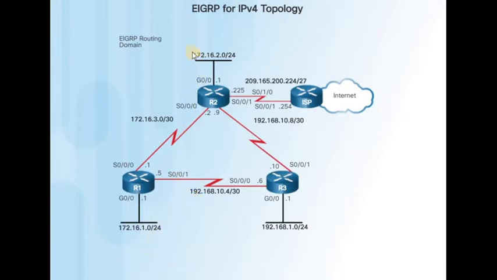So I'm going to transfer this to Packet Tracer format so that we can have an actual simulation and show you the addresses that are already fixed per interface, so that we can focus mainly on the configuration of EIGRP for the IPv4 topology.